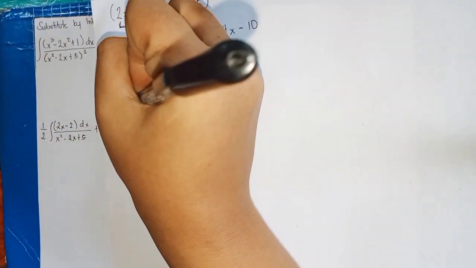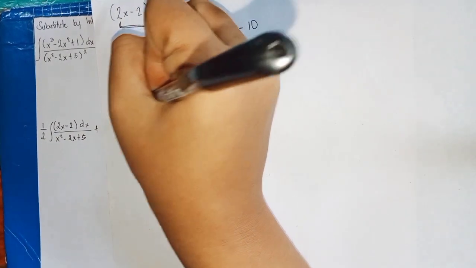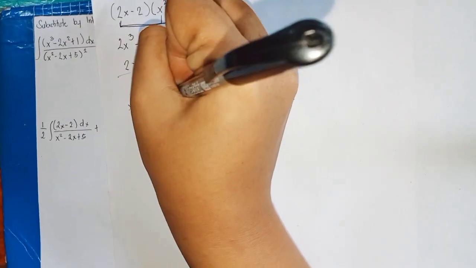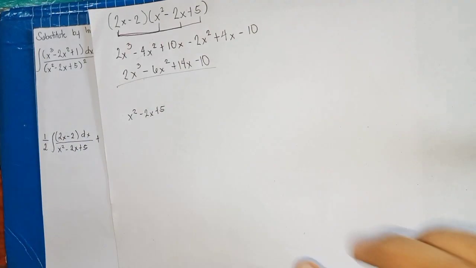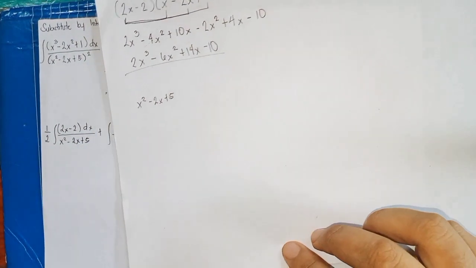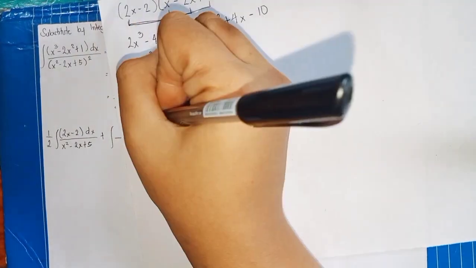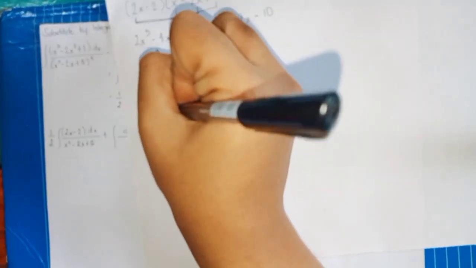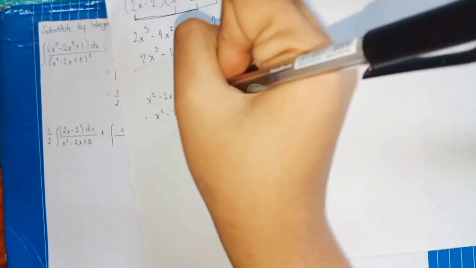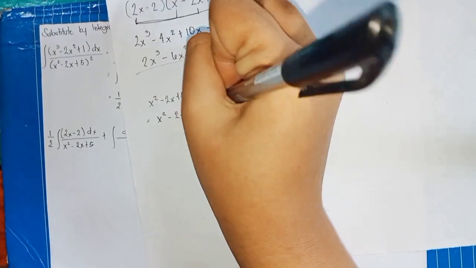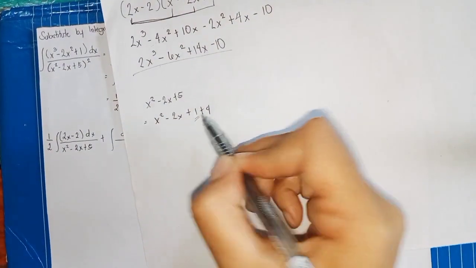Here, x squared minus 2x plus 5. The third term for this perfect square trinomial is 1, so this will be x squared minus 2x plus 1 plus 4.